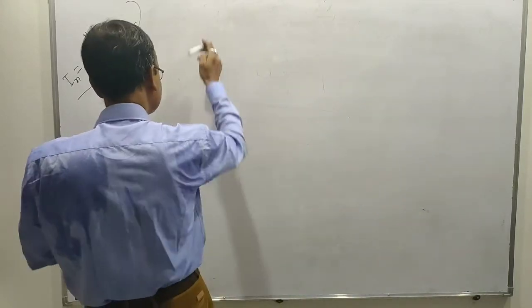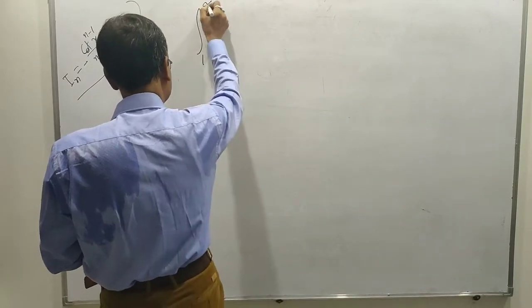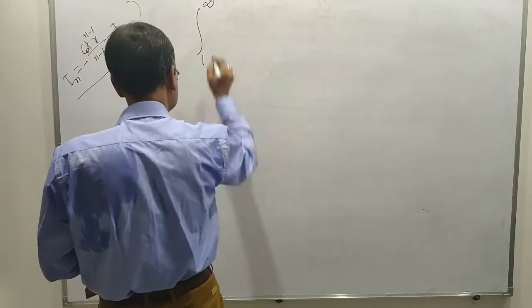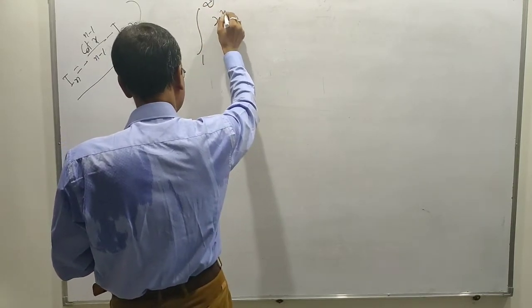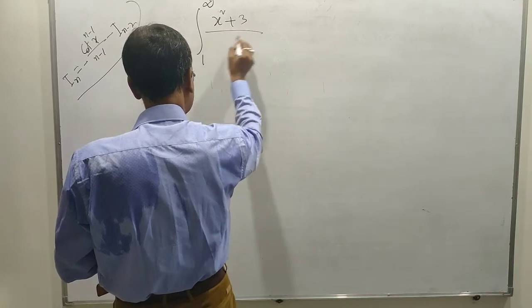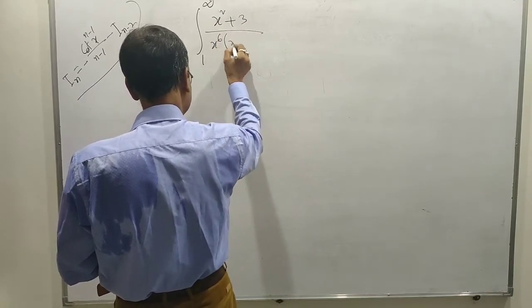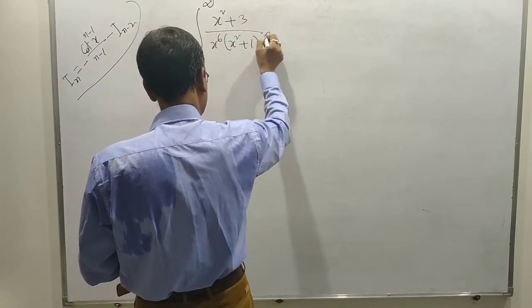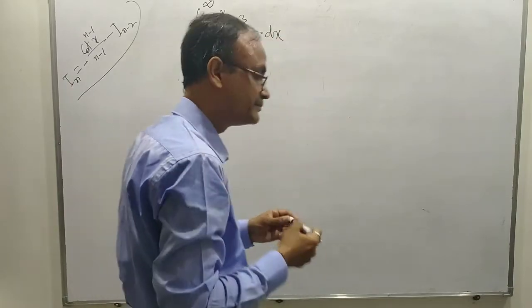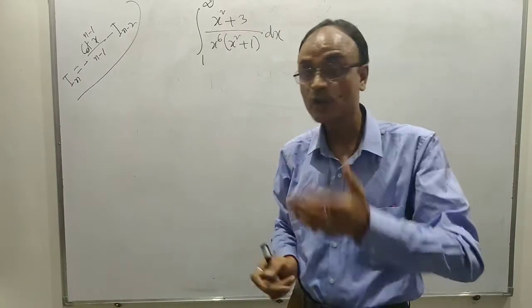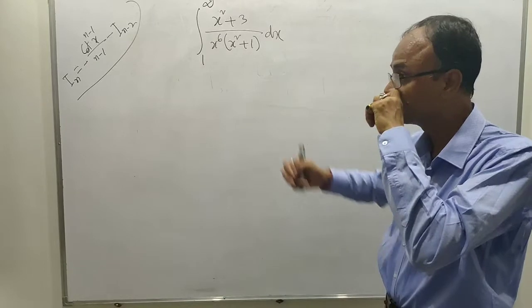The second part is integration 1 to infinity of x square plus 3 divided by x to the power 6 into x square plus 1 dx. We are to find this integral.